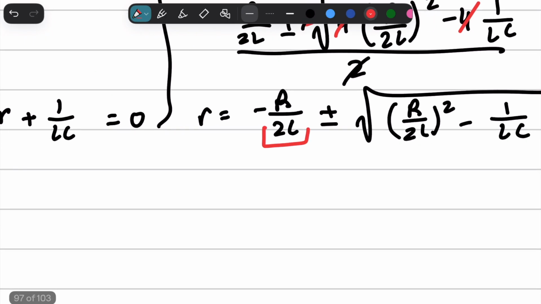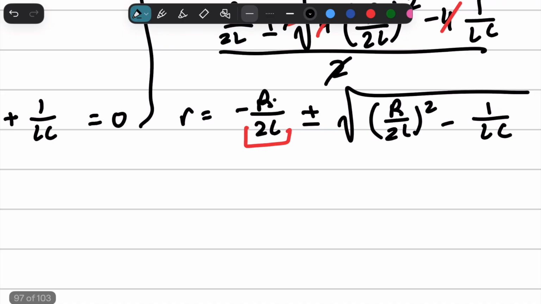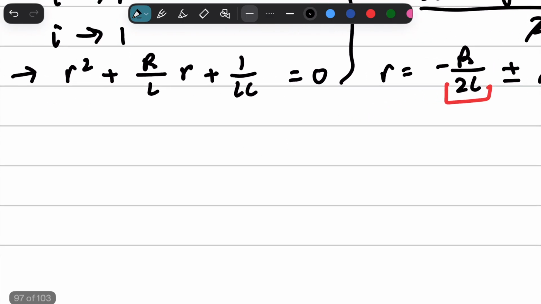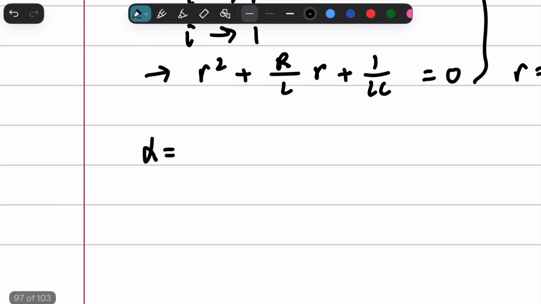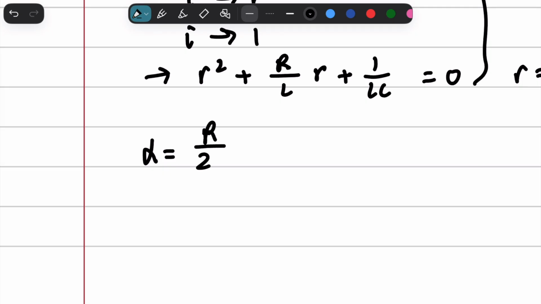This is just the theory, like probably whoever derived this first was thinking, oh, this looks pretty cool and intriguing. Look, it shows up two times, so let's give it its own name. We're going to call it alpha. Alpha helps with the damping. I don't remember exactly what it's called, some kind of damping constant, and basically this damping constant is just going to be R over 2L.